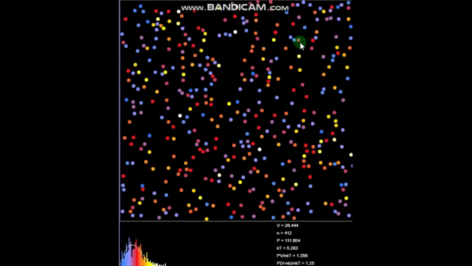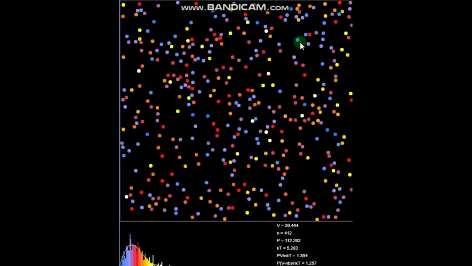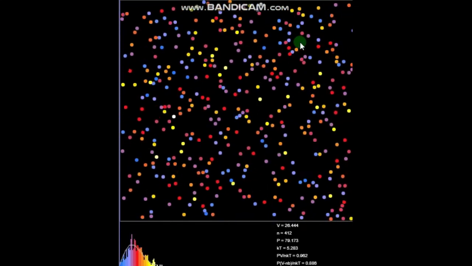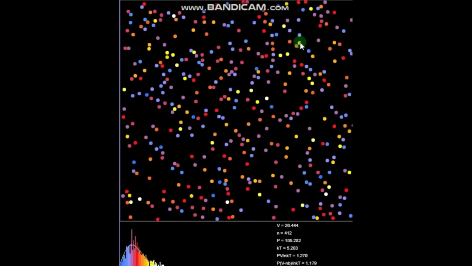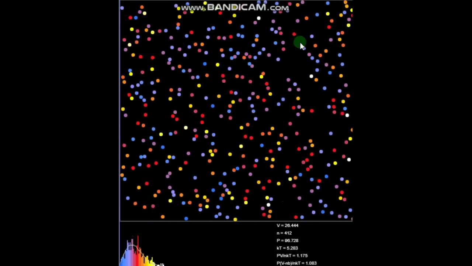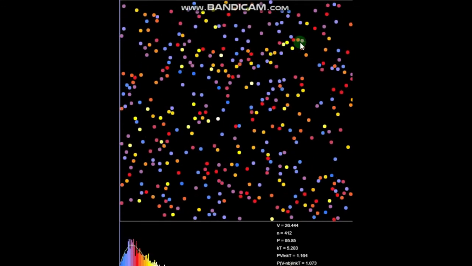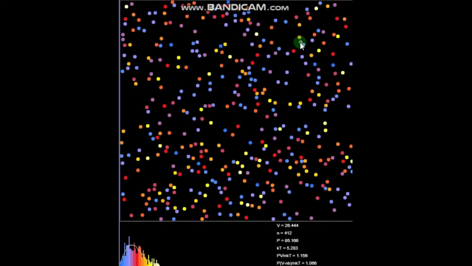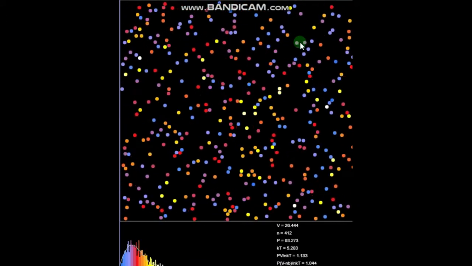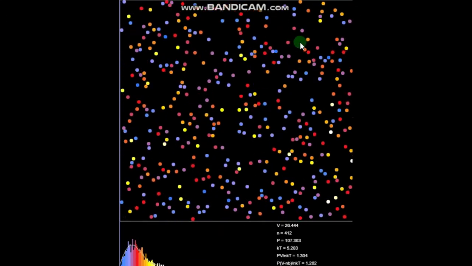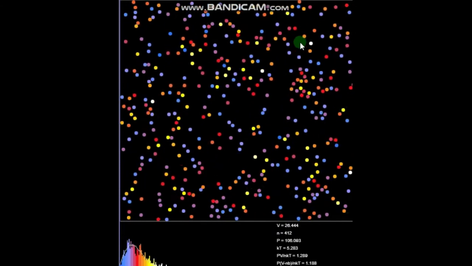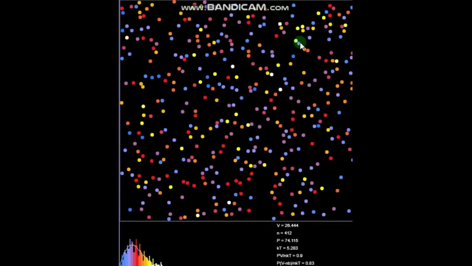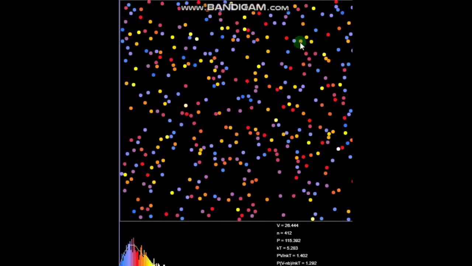What's really interesting is if you look at the graph at the bottom left, which shows you how many molecules there are in each energy range as the simulation progresses. And what you can see is that although individual molecules are constantly changing from low energy to high energy to middle energy and so on, the total number of molecules in each energy range stays roughly constant.